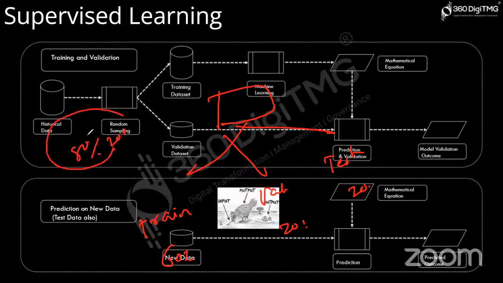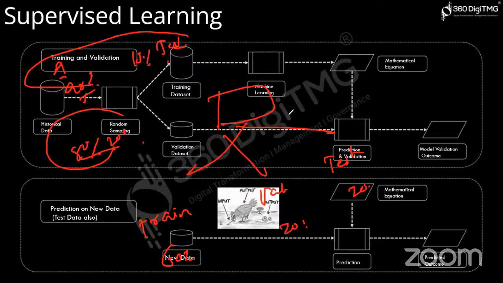Based on the amount of data you have, you can go with different percentages. If you have 1 million data, you can go with 90% train data and 10% test data. We don't have any thumb rules for that. Based on the data frame, we can go with different ratios. Here, I'm going with 60% train, 20% validation, 20% test.